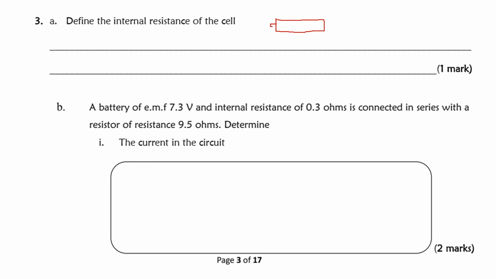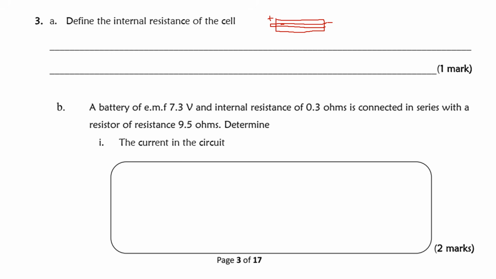So one end is positive, the other end is negative. Right, so this contains materials, chemicals inside. By the way, inside it, there is a rod, which is called a carbon rod. It's an electrode.